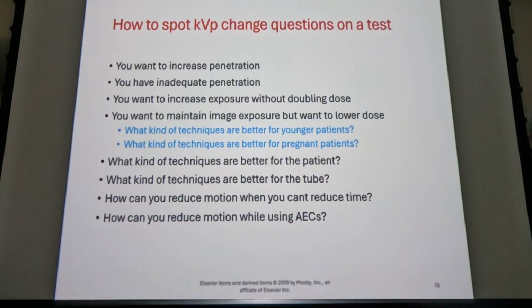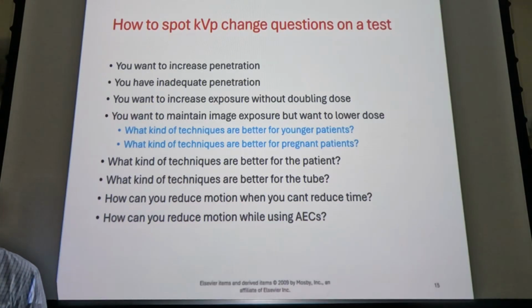And then finally, how can you reduce motion while using AECs? There's really two different ways that you could do that. Some of your machines will allow you, if you're using APR, to increase your mA station, some will not. If you can increase your mA station, then you're going to be using the law of reciprocity, which we're going to get into. But the only other way would be to increase your kVp, and in that way, it would be acting exactly like what you would be doing on a portable machine.